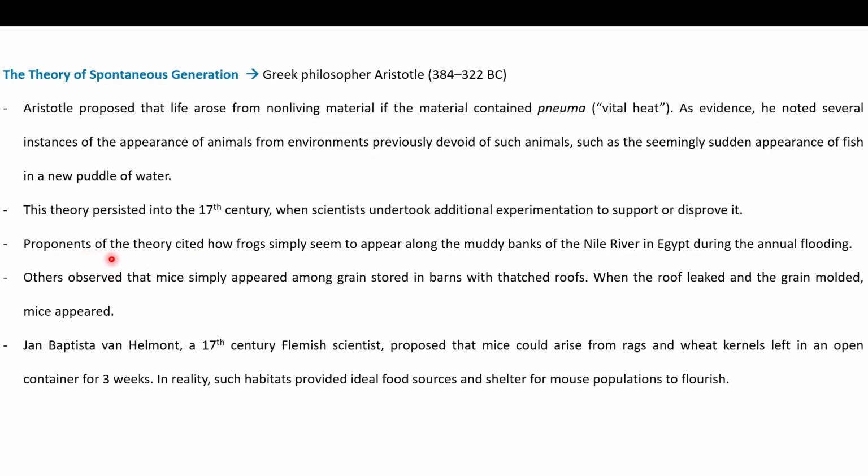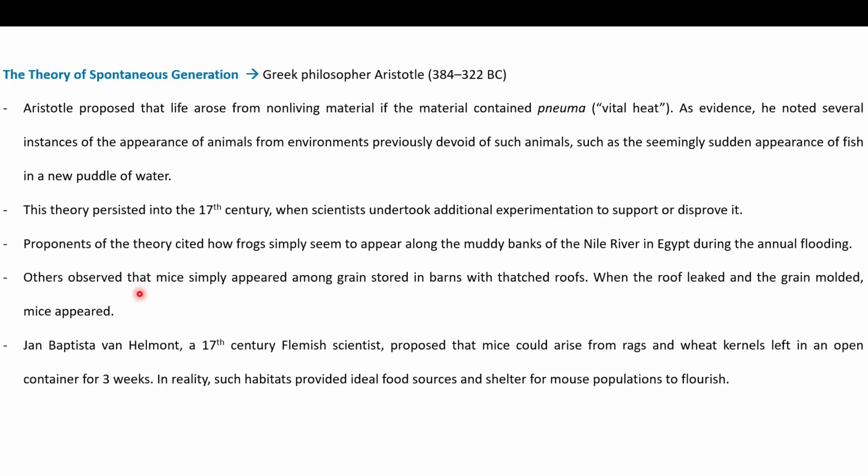Proponents of the theory of spontaneous generation also cited how frogs simply seem to appear along the muddy banks of the Nile River in Egypt during the annual flooding. And others observed that mice simply appeared among grain stored in barns with thatched roofs. So we are talking about a really, really long time ago. When the roof leaked and the grain molded, mice appeared.